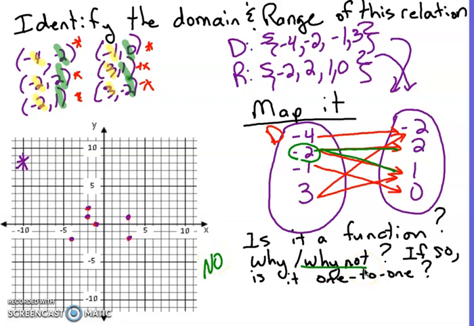Well, when you substitute -2 in, you get 2 outputs. The same thing with 3. 3 went to 2 different numbers as well. So you could use either one of those as your no answer. And then it says, if so, is it 1-to-1? Well, obviously, if it's not a function, it can't be a 1-to-1 function. So we don't even have to answer that last question.